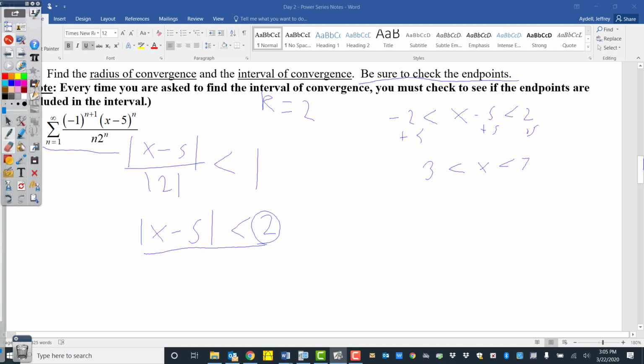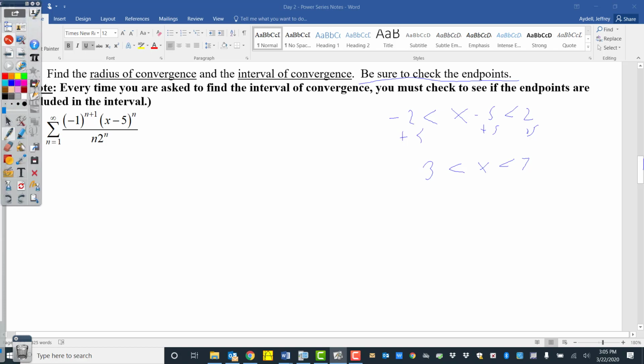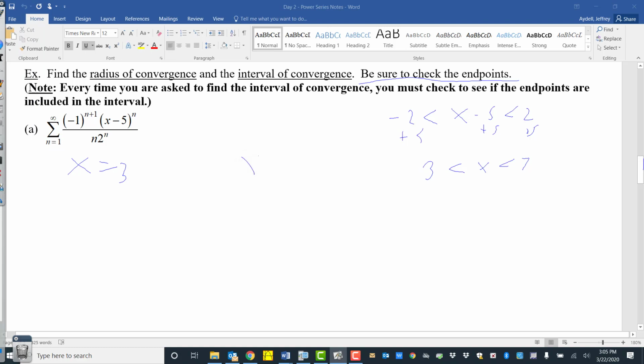So this is where these problems can get a little bit longer. What we're going to do is look at x equals 3 and x equals 7, and we're going to see what the series does at these two points.